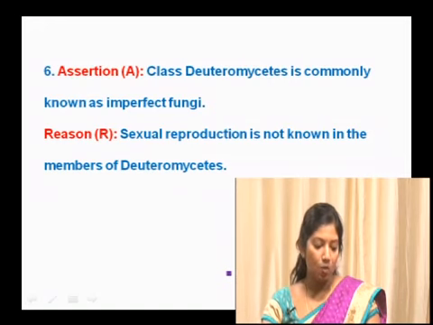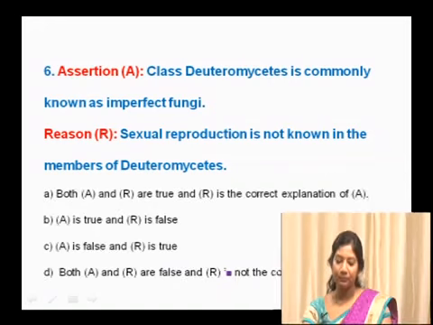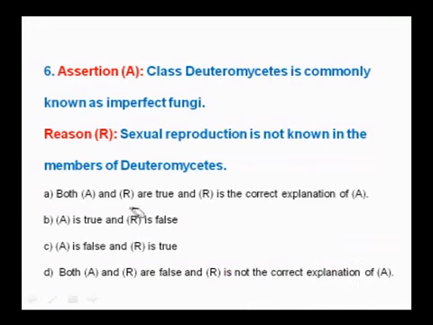So let us see what options are available. The first one: both A and R are true and R is the correct explanation of A. As you know, class Deuteromycetes being commonly known as imperfect fungi is a right statement. Sexual reproduction not being known in them is also right. So A and R are true, and R is the correct explanation.